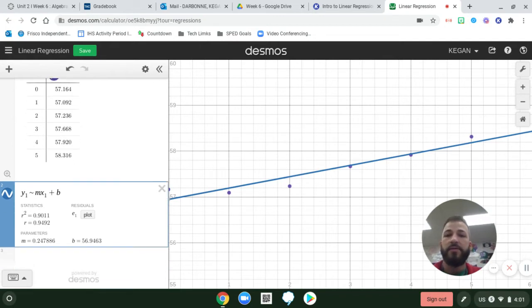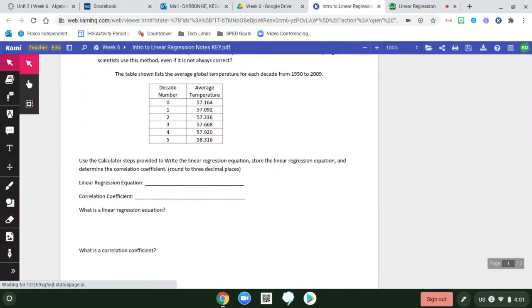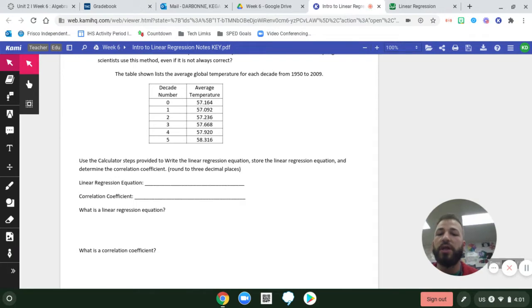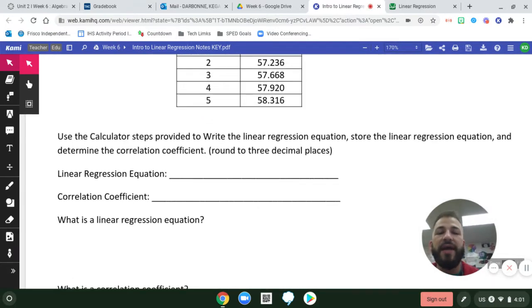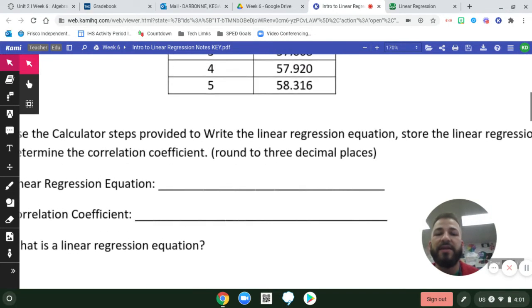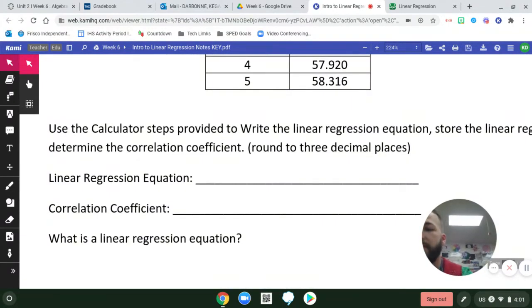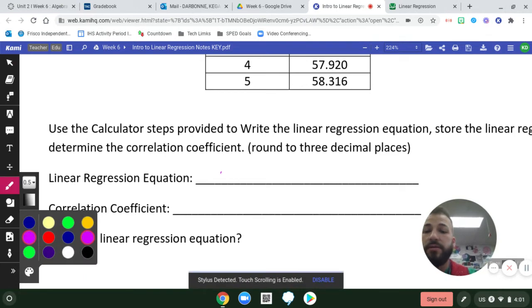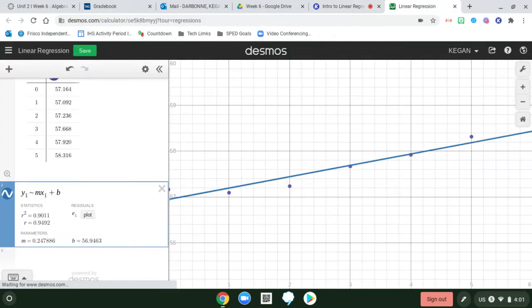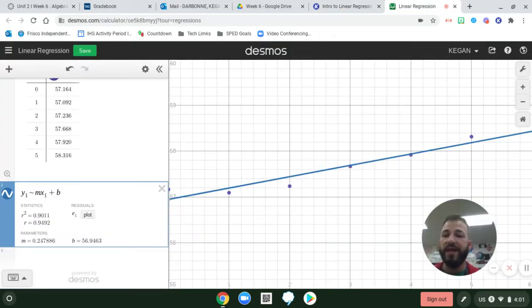So let's go back to our notes. We want our linear regression equation. We can see the actual graph, but the equation is going to be y equals mx plus b. So y is equal to something times x. Our m, if you notice right down here in our parameters, we have m is equal to that.